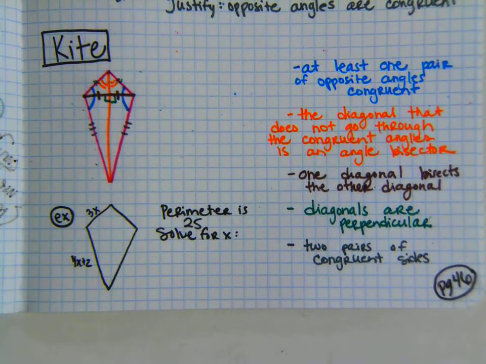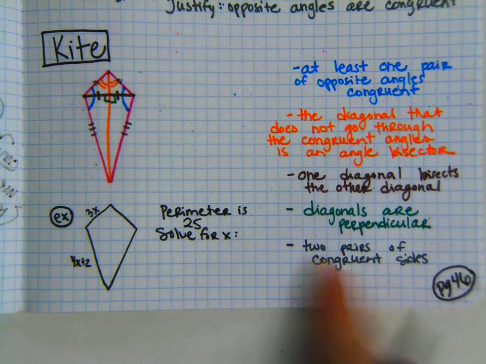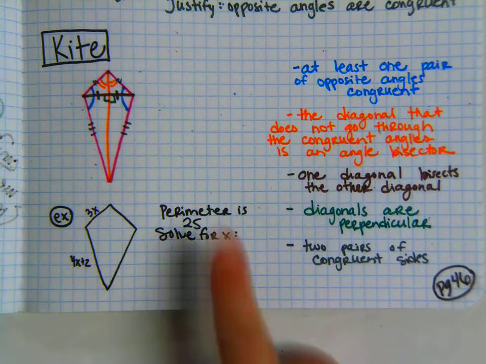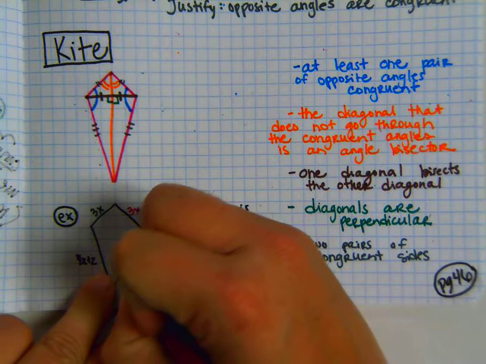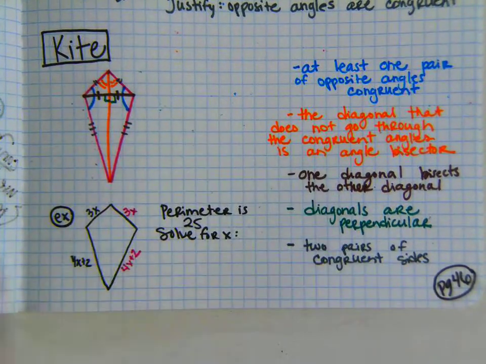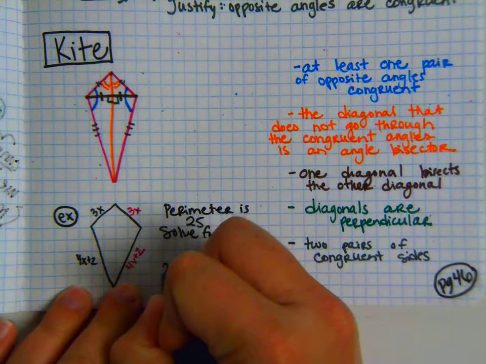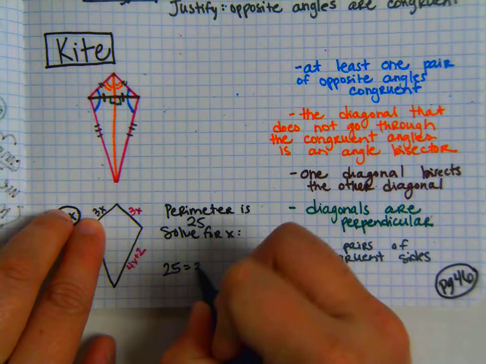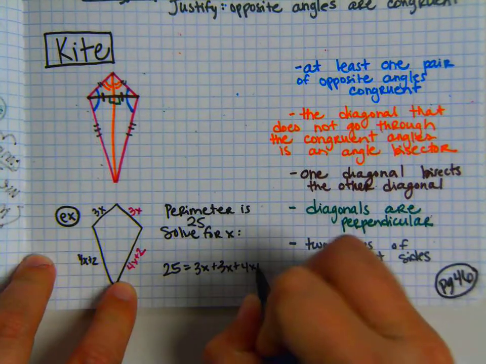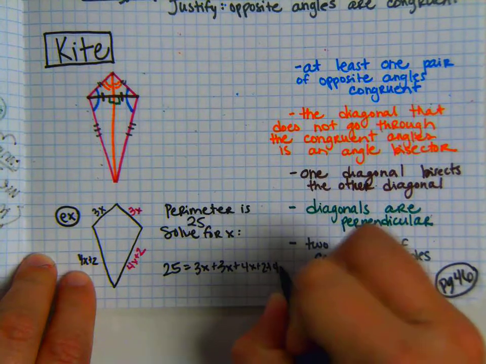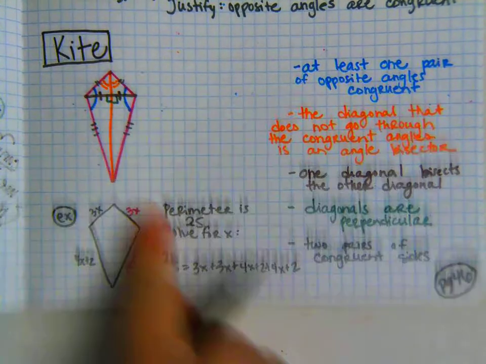So which property that we just went over are we going to use in order to solve this problem? We're going to use that there's two pairs of congruent sides, because knowing that I can say that this is 3x and this would be 4x plus 2. And then I can set 25 equal to all of that adding up, because I know the perimeter is all the way around.